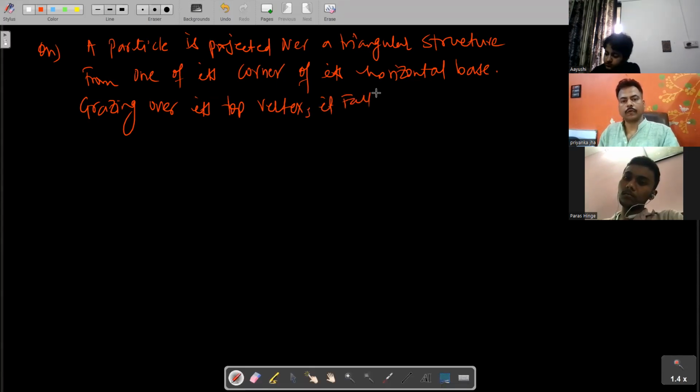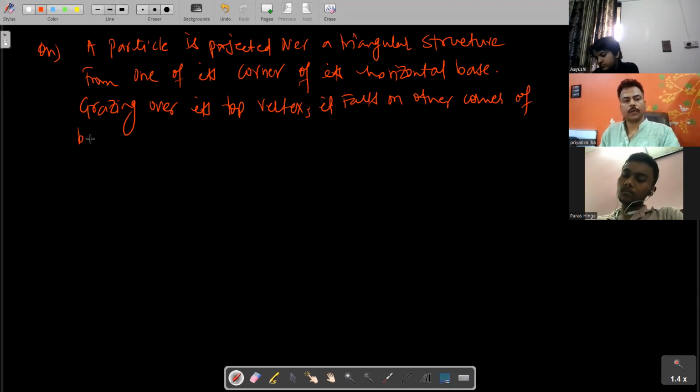It falls on the other corner of the horizontal base.